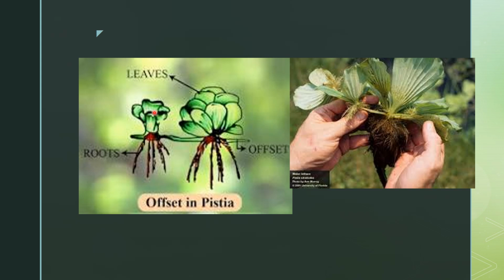Okay, they are called rosette, and then it also produces adventitious roots below. So this type of stem is called offset stem. It's famous, or you can find it in the aqua plants. Okay.